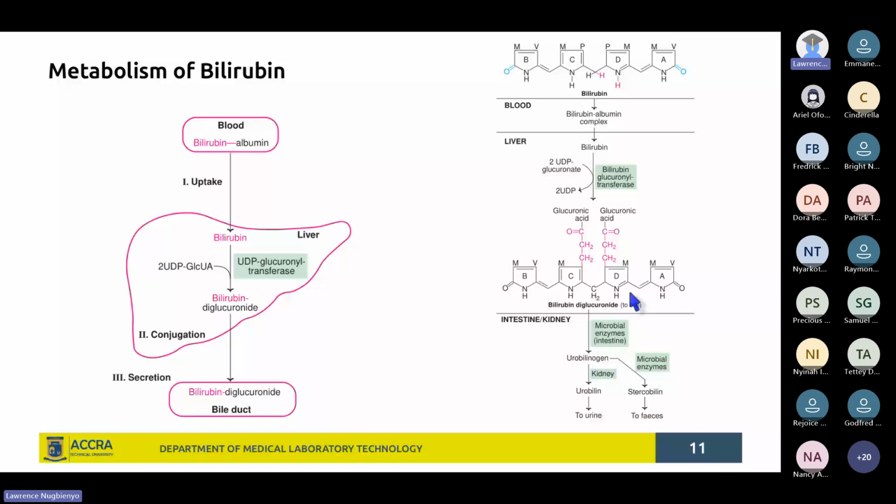So that clearly tells you that some part of it can get absorbed back into the bloodstream, but that will then go into the kidneys. And when it goes to the kidneys, the kidney will then excrete that as urobilin. And you also have bilirubin getting excreted as stercobilin in stool.